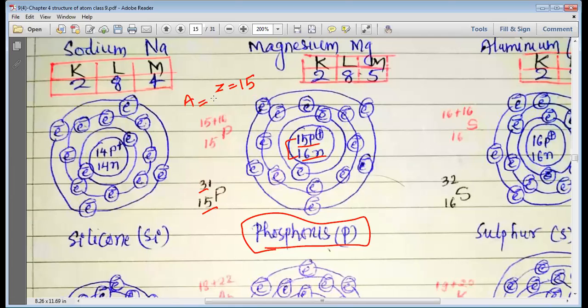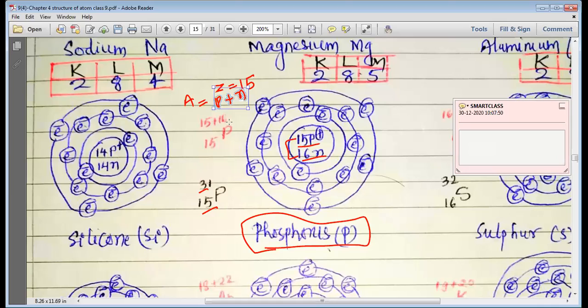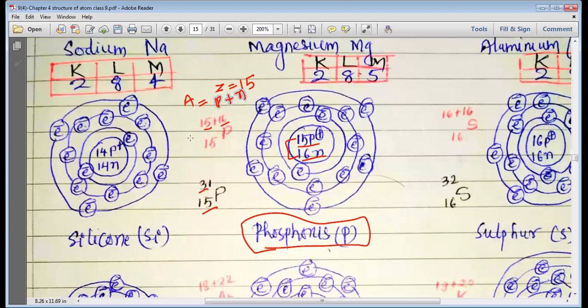You can see that number of protons is 15 and number of neutrons is 16. My dear students, that is why this total sum adds up to be 31. The 15 remains 15, and this is how we represent the phosphorus, 15P31. This is how we represent the phosphorus.